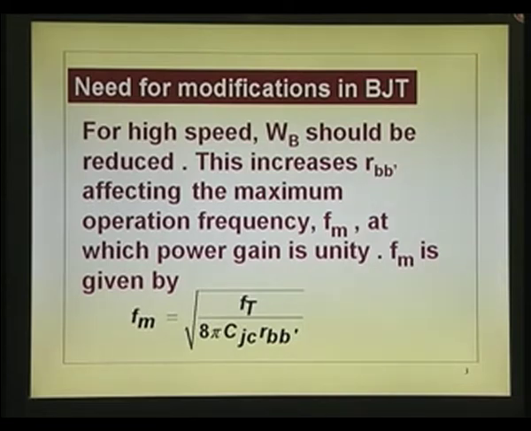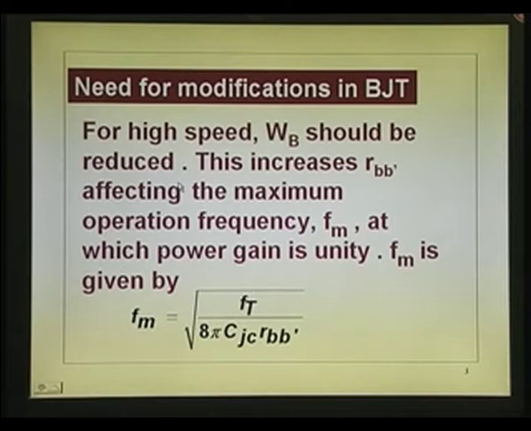Now, with all these advantages, what modification do we need to get to that performance? One of the things you need to do with a BJT, to increase the cutoff frequency FT, is to keep on reducing the base width WB, because the base transit time decides the cutoff frequency.